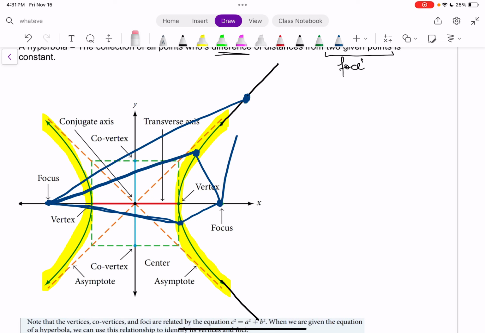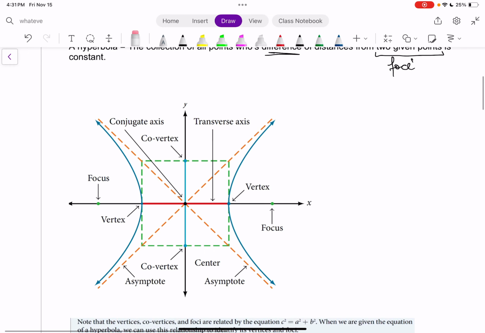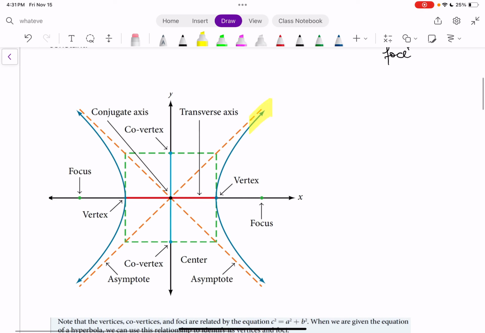All right. So let's see what are some of the features. Let me clean this picture up as it has enough color already. So, of course, the hyperbola will have the two foci that it wraps itself around. And here is one focus, and here is one focus.